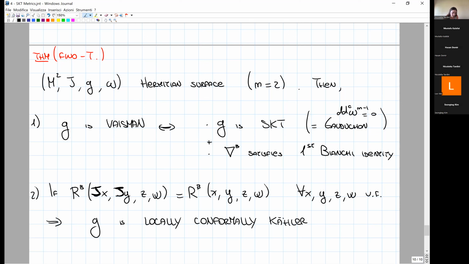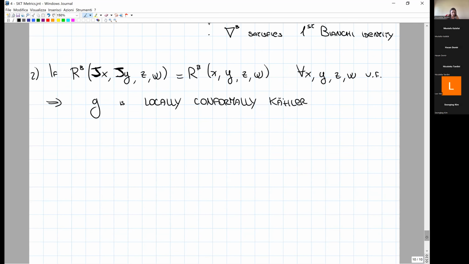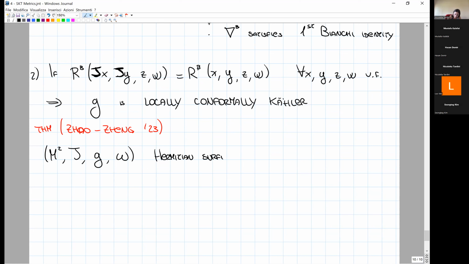Okay. So in fact, Zhang and Zhang in the end proved that if you have a Hermitian surface (M, J, g, ω), then nabla B is Kähler-like if and only if G is Vaisman.